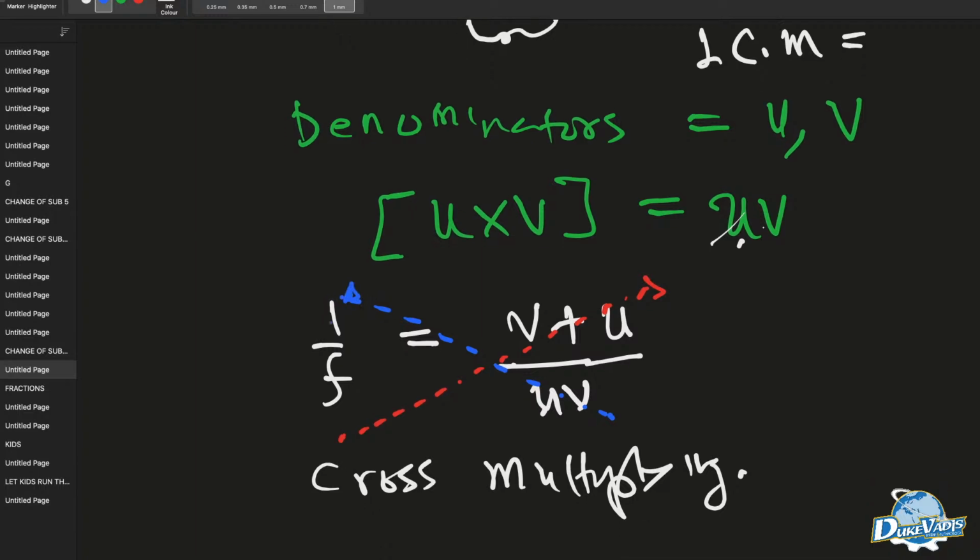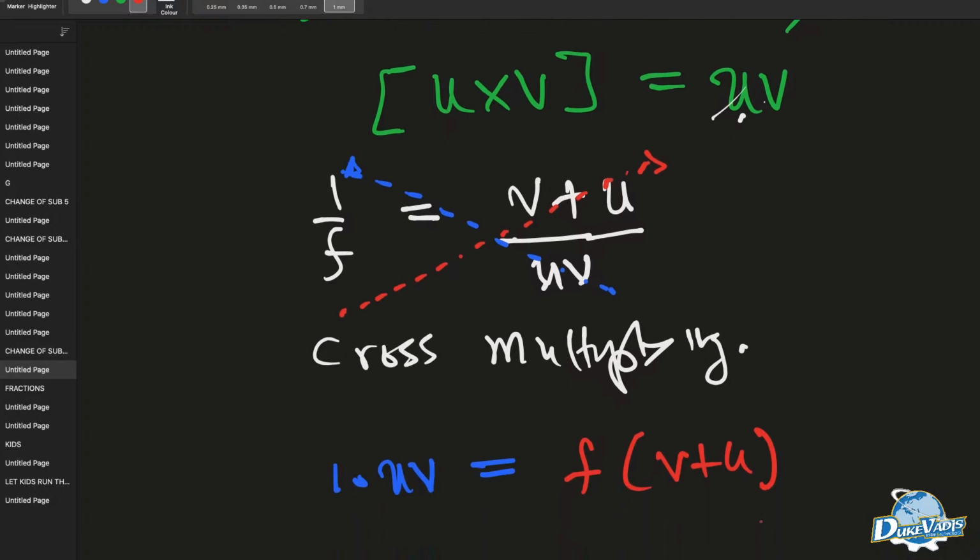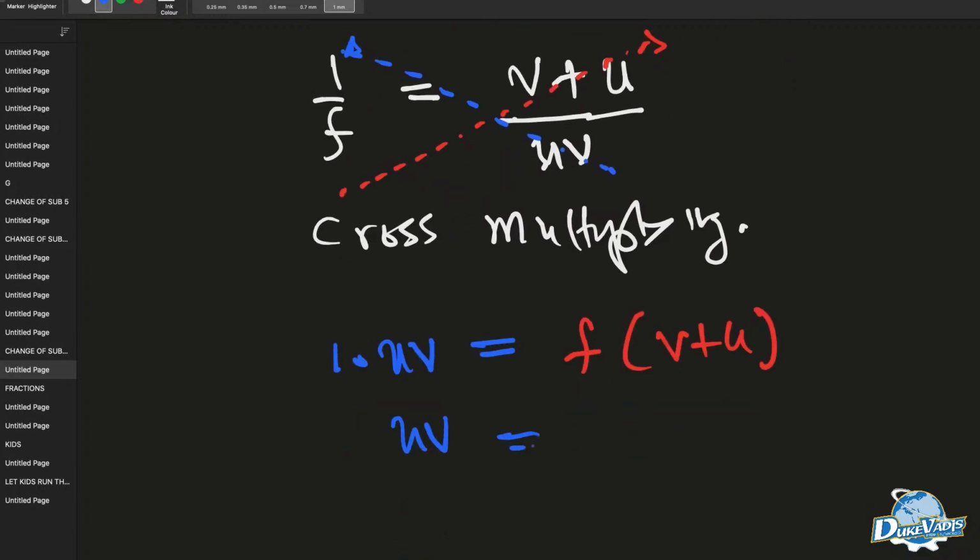So when I do that, 1 times uv is equal to the red one multiplying, f into bracket v plus u. And friends, when we multiply 1 times uv, we get uv to be equal to f into bracket u plus v.